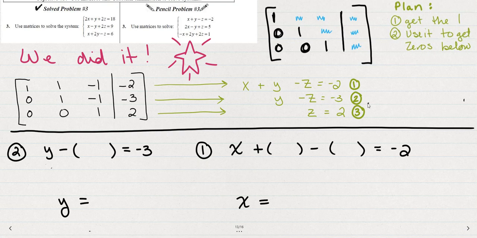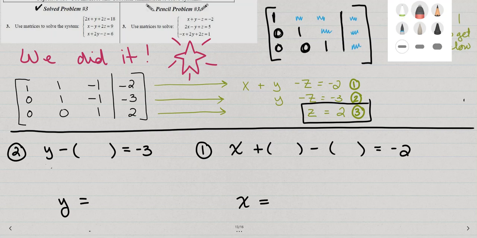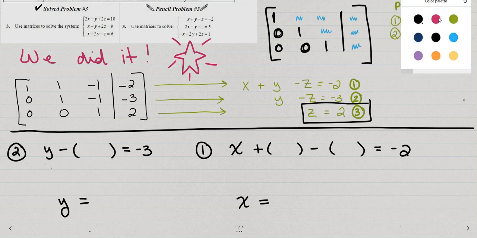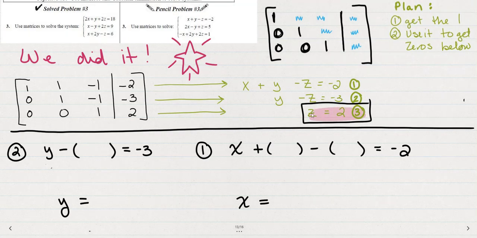Here's what that would look like. I start by using that z is equal to 2. And I'm going to go to the y minus z equals this row right here, equation 2, y minus z equals -3.